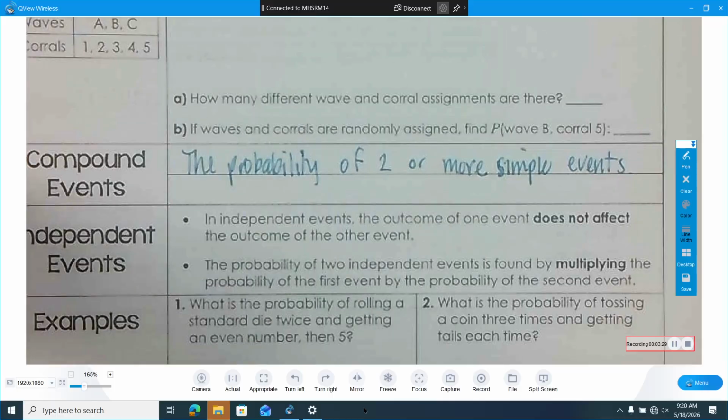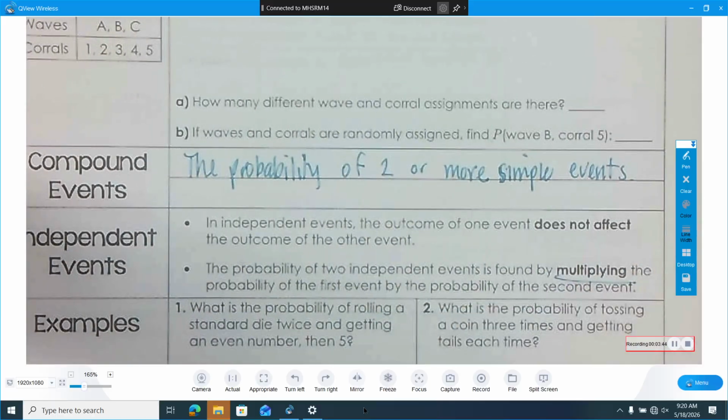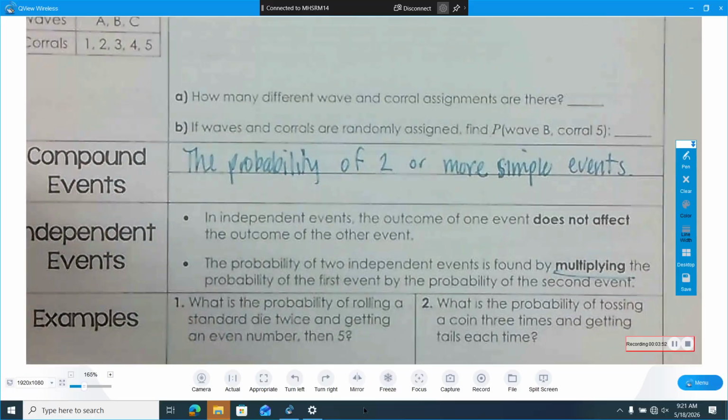Independent events: the outcome of one event does not affect the outcome of the other event, and all we have to do to find the probability of 2 independent events is multiply their probabilities. That's all we have to do. We have a couple of things happening. We just have to multiply them together, which is really kind of nice.